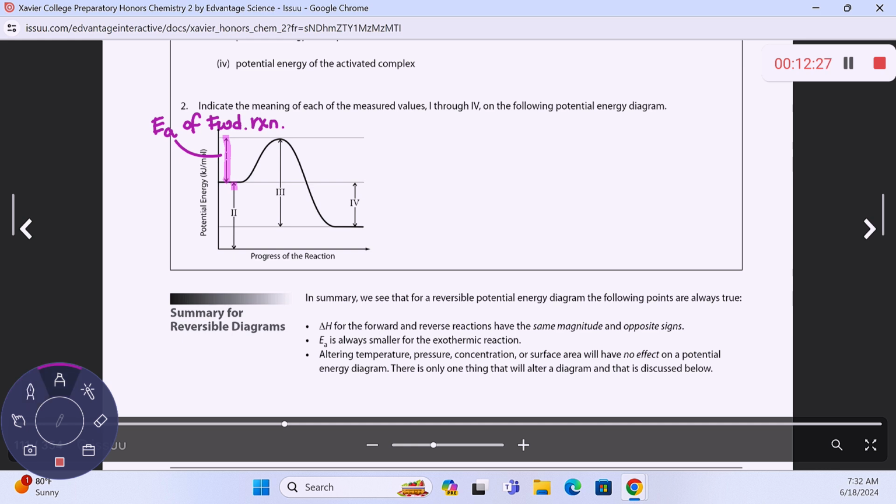Okay, then you have Roman numeral 2. What would you say that is? Reactants potential energy. Yeah, this is the potential energy of the reactants. It could also be what? Potential energy of the products for the reverse, right? So this is potential energy of the reactants of the forward reaction, or the potential energy of the products for the reverse reaction.